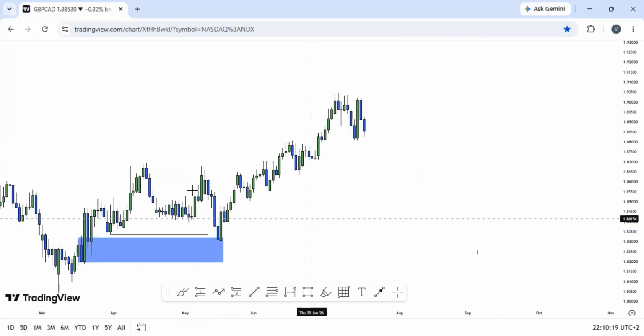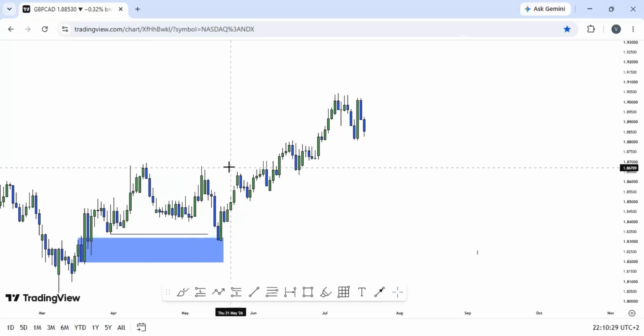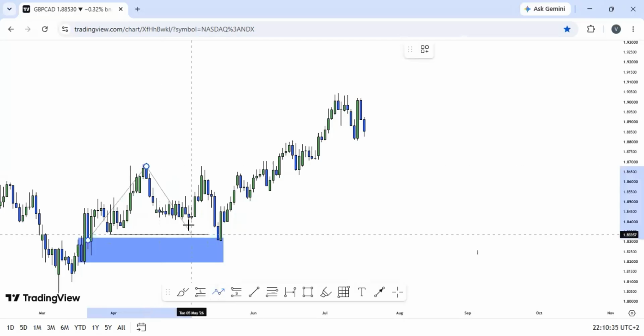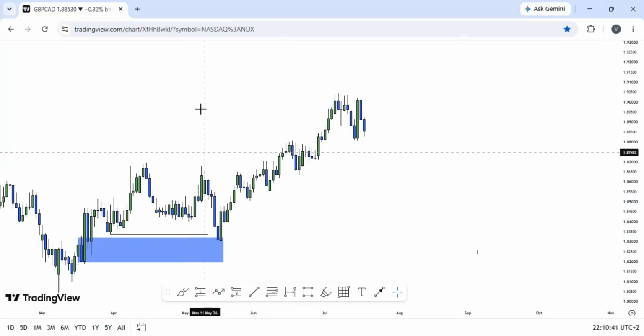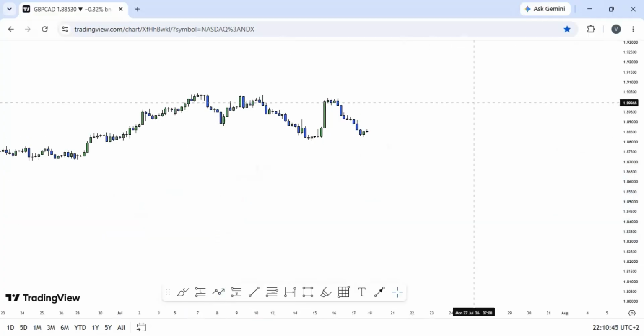The market came, and it's either a temporary low or inducement. Temporary low and inducement are the same thing, just different concepts. As you can see, the market came and eliminated the temporary low, then continued the structure. So when we go to our 4-hour time frame, what can we see?